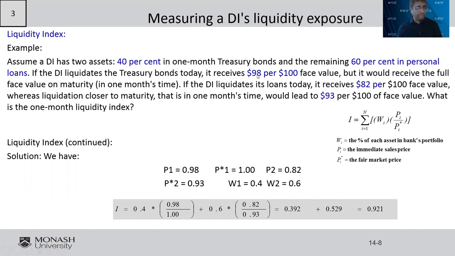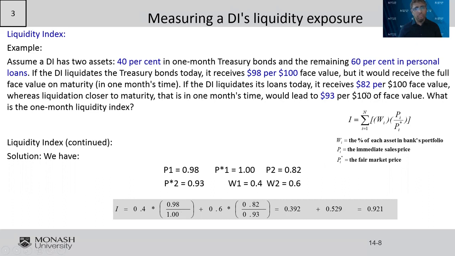Now, if I liquidate this in 1 month's time, which is when it matures, it will give me 98. And if I liquidate it today and don't wait until next month, it will give me $98 per 100. For the loans, if I liquidate at the same time as the treasuries, this is actually close to maturity after 1 month.